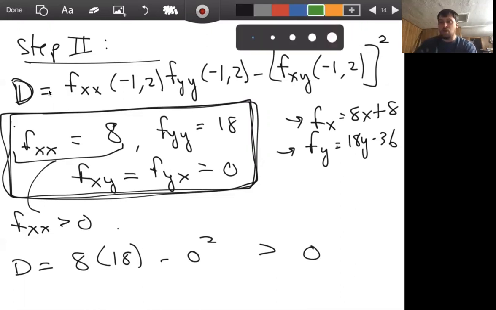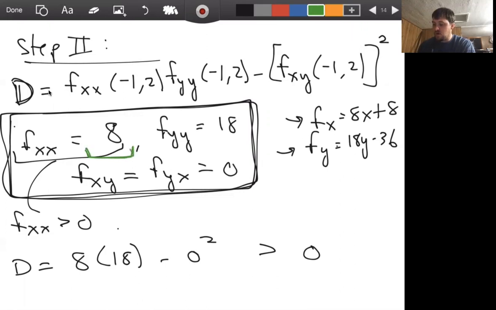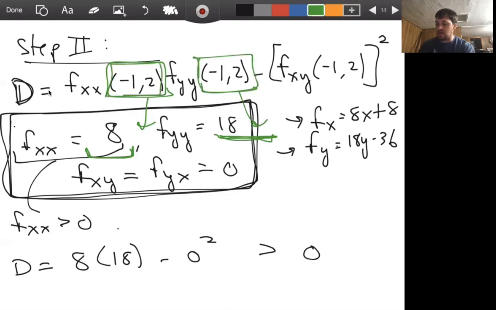In general, when you have more critical points and more difficult partial derivatives, sometimes your second order partials can still have variables in them. And when that's the case, that's when you plug in the point, like -1, 2, every time. And that's where you can get different values for different critical points, because once the second partial derivatives still contain variables, what point you plug in depends on which critical point you're calculating the discriminant for.